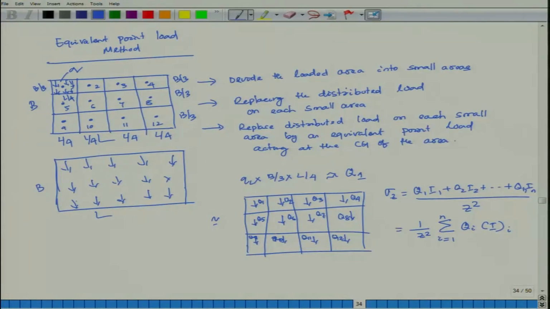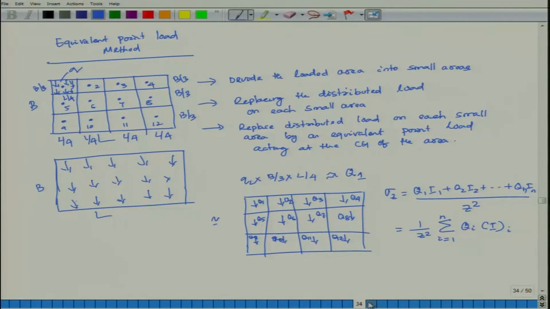So, this is your CG. The equivalent point load acts at the CG of the area, then sigma z is equal to the summation of q1 I1, q2 I2, up to qn In, divided by z square.